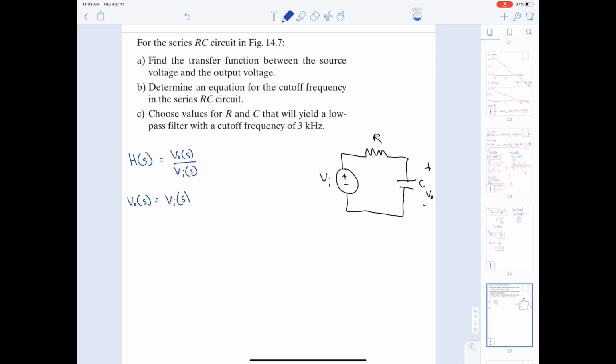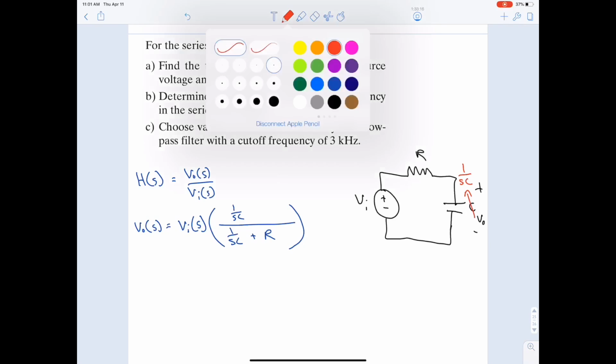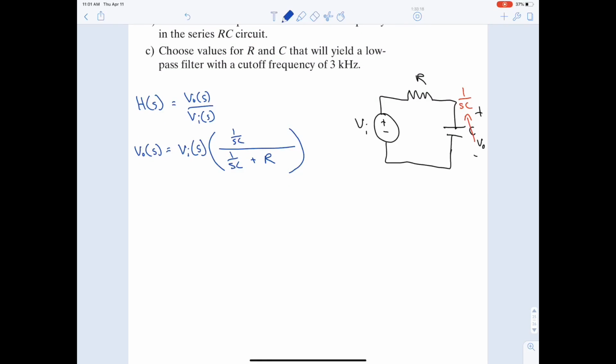So it will be V input in terms of S multiplied by 1 over SC divided by 1 over SC plus R, because we need to convert the time domain to frequency domain, right? So H of S is equal to 1 over SC divided by 1 over SC plus R. Okay, we are not done yet.